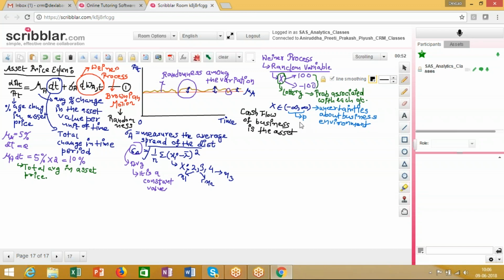So W(t) is considered to follow a normal probability distribution. It's a standard normal distribution with mean 0 and a variance t.